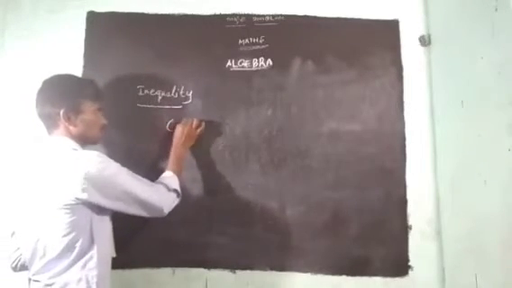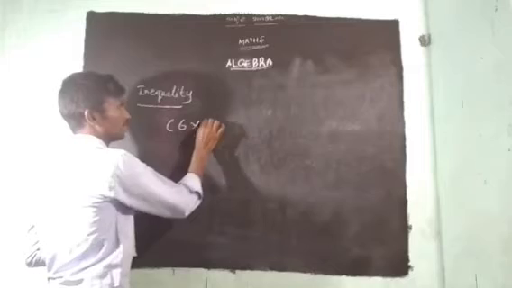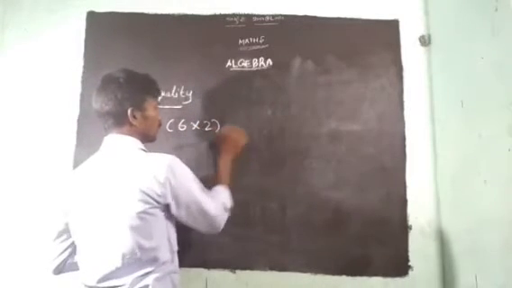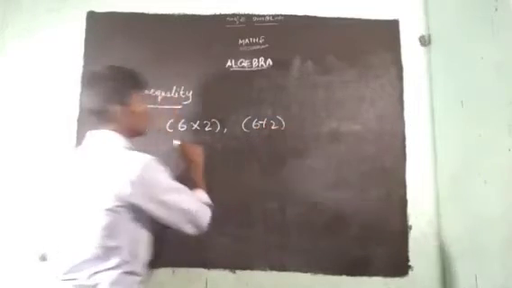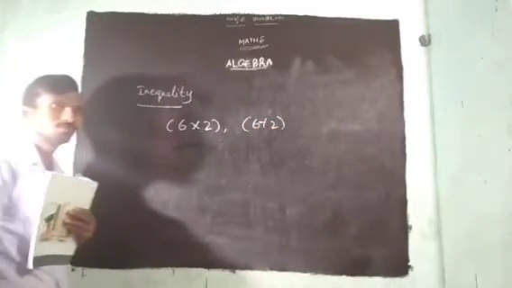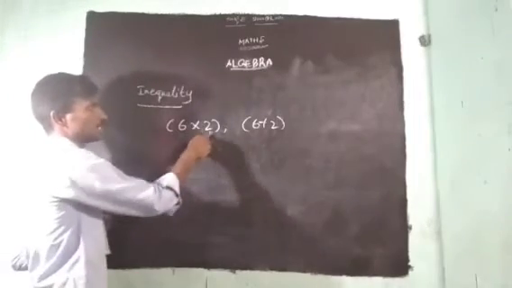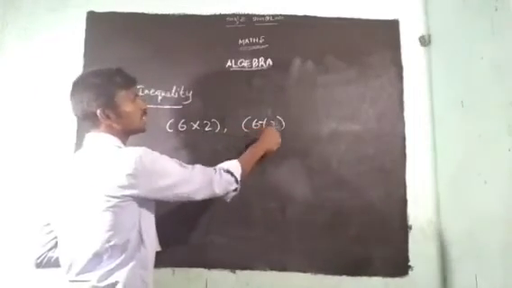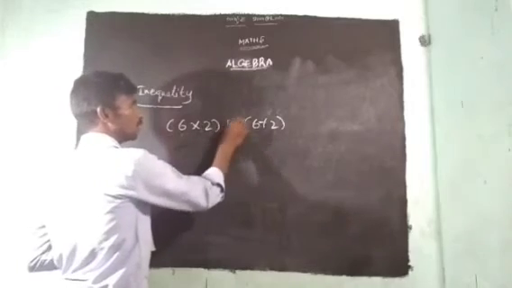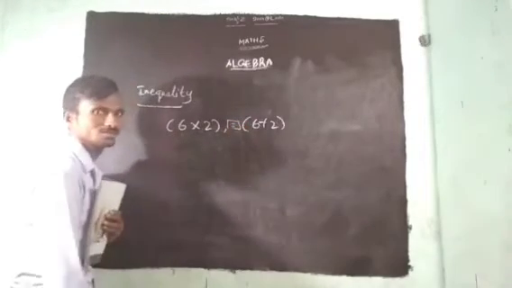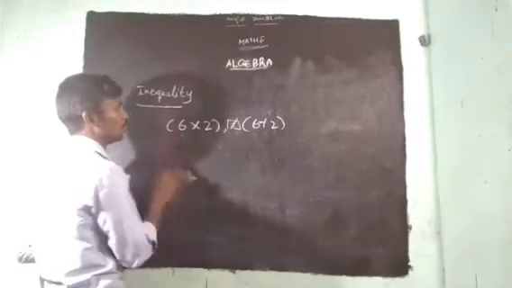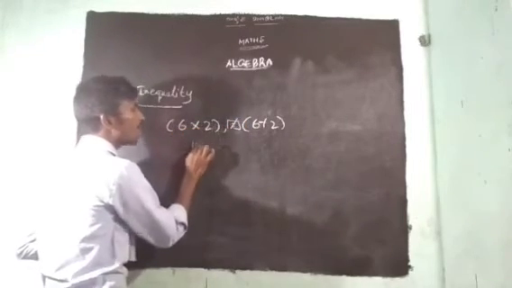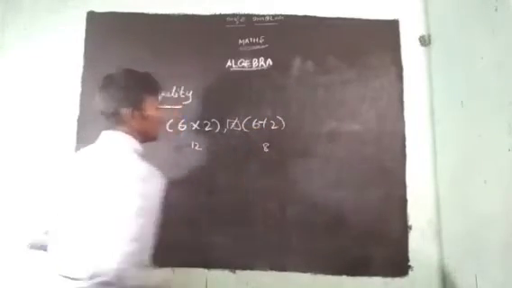Okay, just look the sum. 6 asterisk 2 comma 6 plus 2. If both the answers come the same... no, because 6 into 2 is 12, 6 plus 2 is 8.